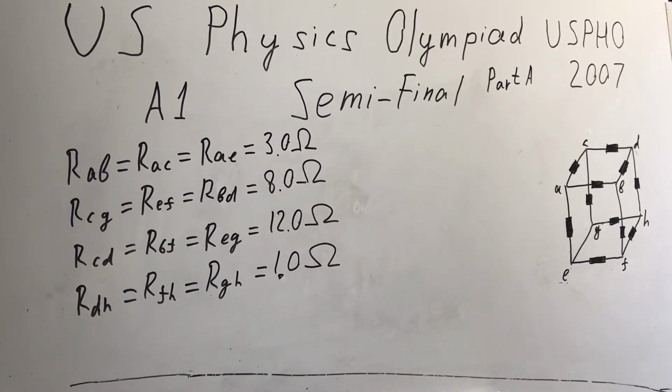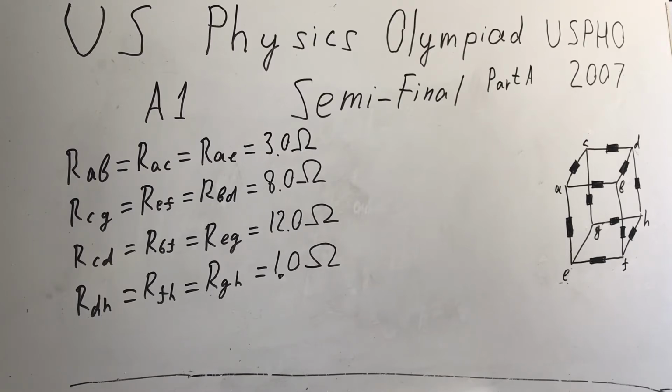From symmetry, we can say that some points have the same potential. We can just connect them, and because they have the same potential, there will be no current through these two connected points. So it means that we didn't change anything.